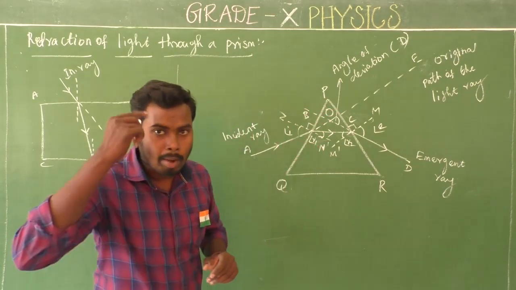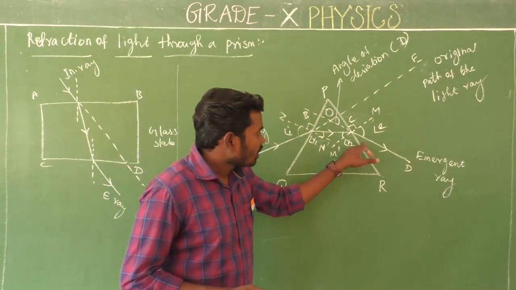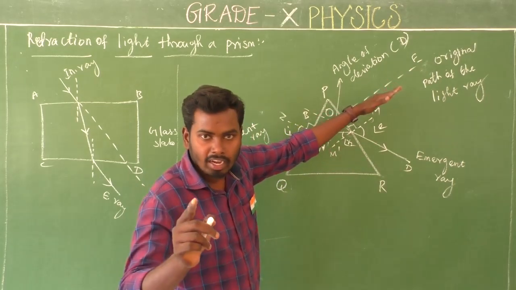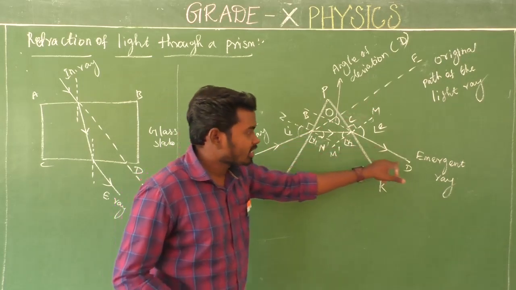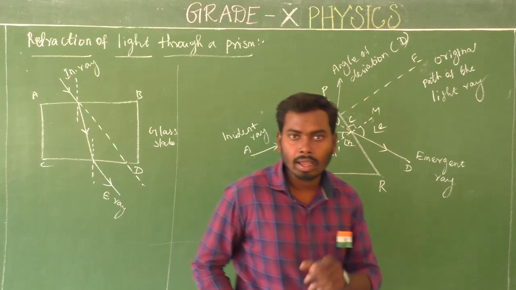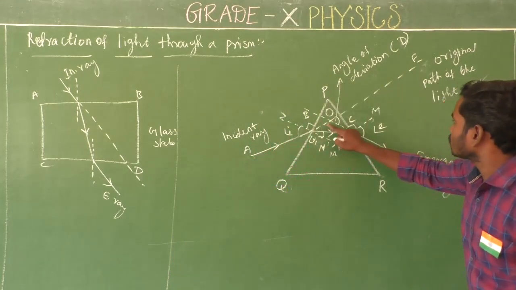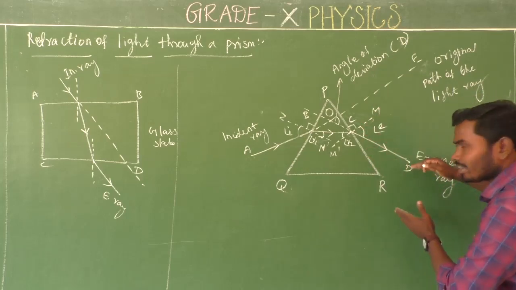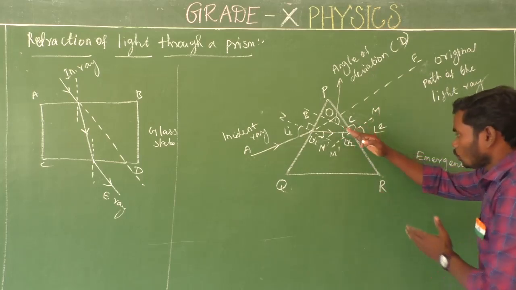So here, come to the conclusion. This emergent ray is not parallel to the incident ray. Very important. The incident ray goes in this direction, but the emergent ray moves towards the downward direction, which means towards this direction.